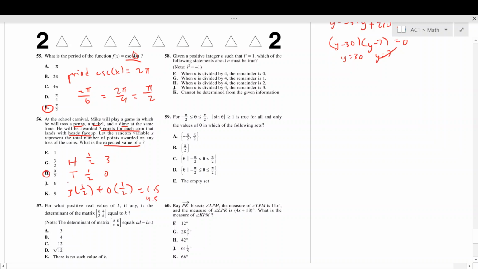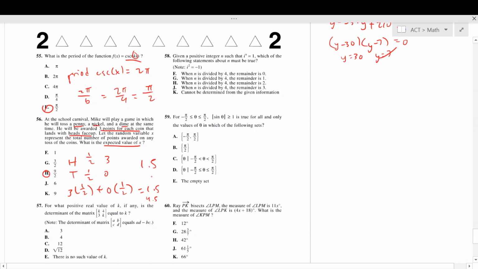And now I'll try to show you how this works. We know that for one toss, half the time we get 3 points, the other half the time we get 0 points. So we could say that for every toss, we expect to get 1.5 points. If half the time we get 3 points and the other half the time we get 0 points, then for every toss we just get 3 divided by 2, 1.5. We get 1.5 points per toss.